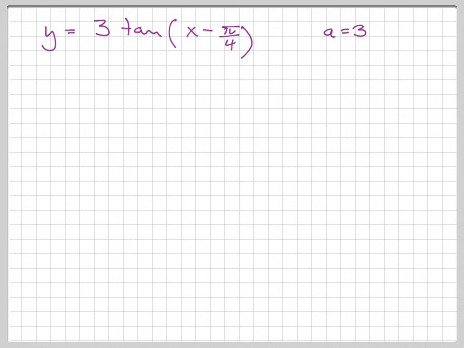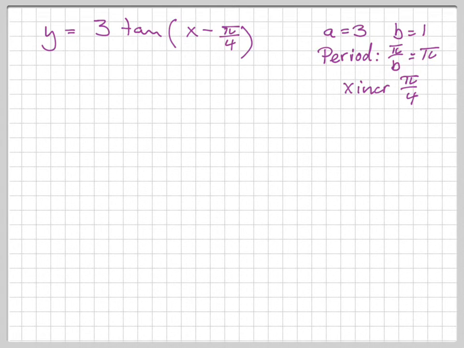So we're still increasing. Our b is equal to 1, so that makes the period, and the formula is the same as for sine and cosine. Instead of 2 pi, we have pi over b. Of course, that would be just pi. The x increments are still pi over 4.